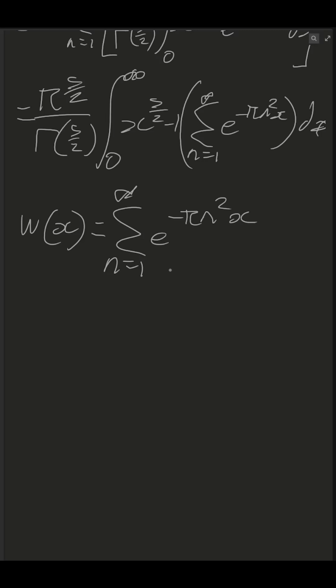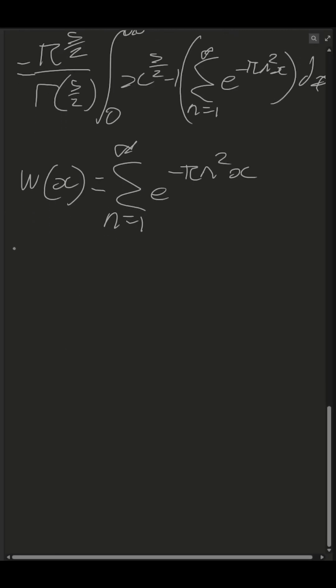Just to make it a bit easier to read, we're going to say that this function, little w, not big W, is the sum from n equals 1 to infinity of e to the minus pi n squared x.